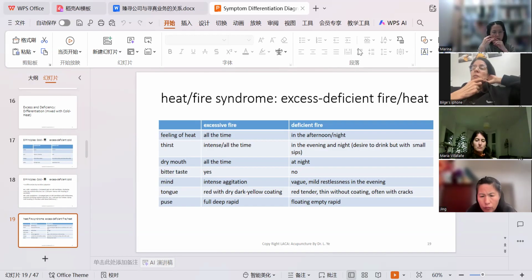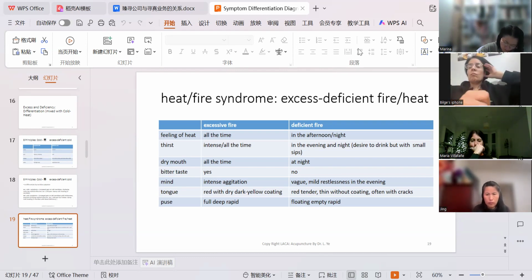But as I said, nighttime is to do with yin, daytime to do with yang. So nighttime can also be damp, fluid, or phlegm, or even blood stasis. That could all be yin excess. So it's a mixture, but the most common one is yin deficient heat causing the thirst.